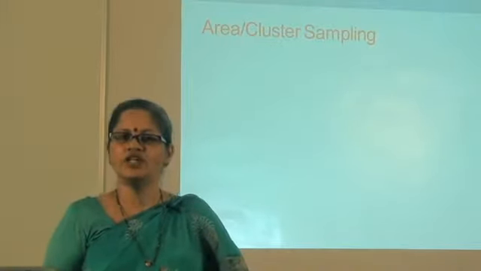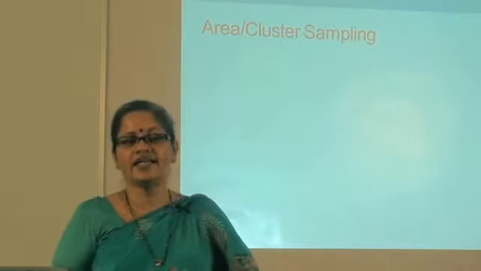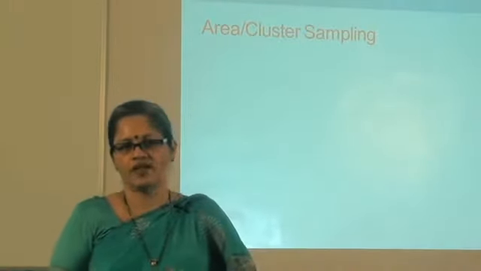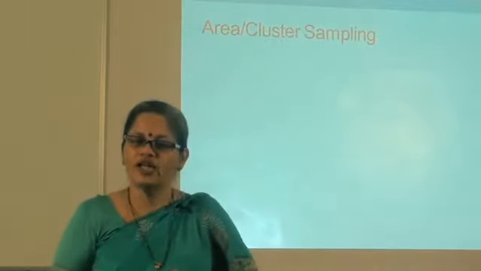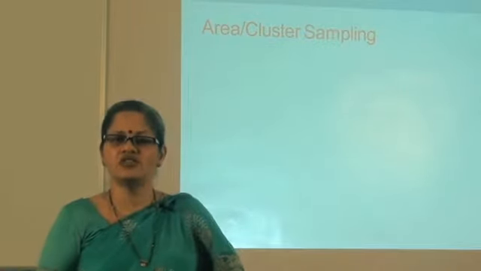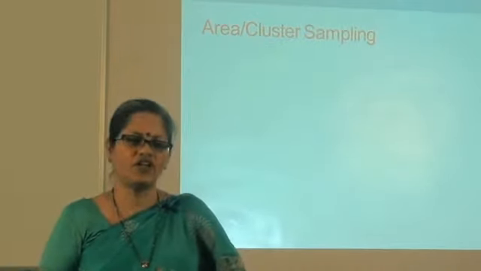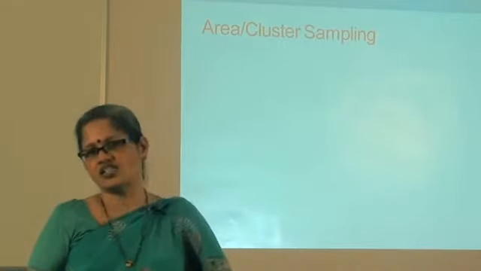So in that case, instead of going for the units, we go for the clusters, that is, groups of people. For example, if we are going for students, then as we know the population of students is very big, so we cannot go for each and every student selection. So what we prefer is group sampling, or what we call cluster sampling.